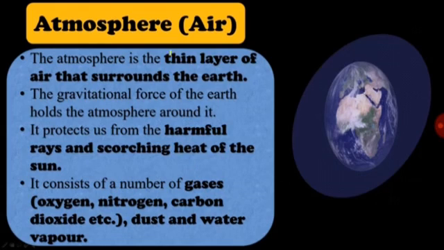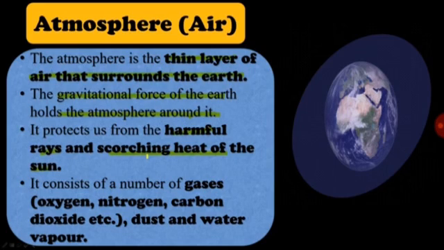Next is atmosphere. The atmosphere is the thin layer that surrounds the earth. You can see here it's a circle around the earth which comprises many gases. It is the gravitational force of the earth that holds the atmosphere around it. It also protects us from the harmful rays and the scorching heat of the sun. This layer is very important because if you have heard about the ozone layer, what it does is protect us from scorching heat.